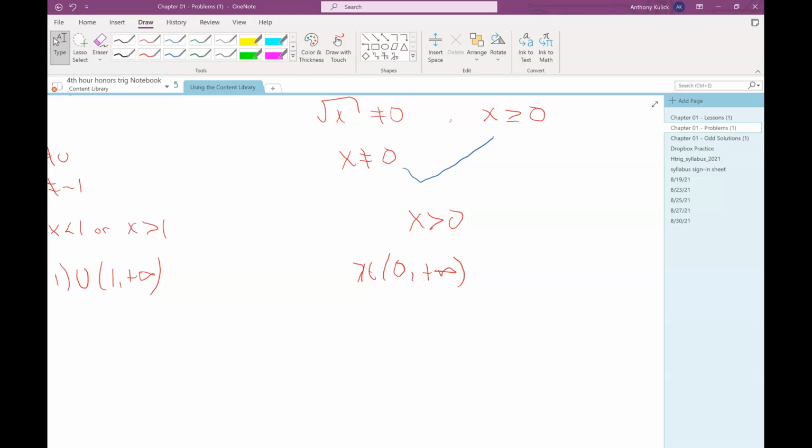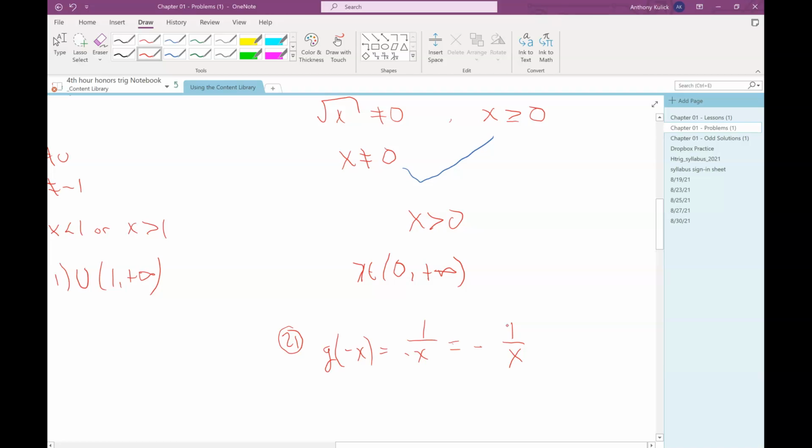So here we're trying to determine whether something is odd or even or neither. So the first step is to compute g of negative x. So that's going to give me 1 over negative x. And I remember with a fraction, I can take that negative sign and move it wherever I want to.